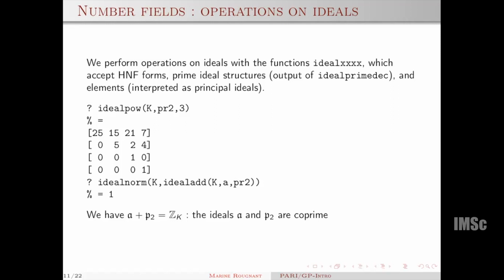I'm pretty sure that there is also a function like idealcoprime that just checks if your two ideals are coprime or not, and maybe it will give you back another ideal so that you have like A times B plus Q equals 1. So there is something like that.